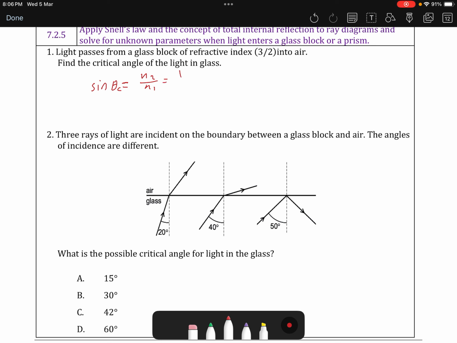So 1 over n1, which is 3 over 2. That means 2 over 3. Theta critical equals sine inverse of 2 over 3, and that's equal to 41.8 degrees.